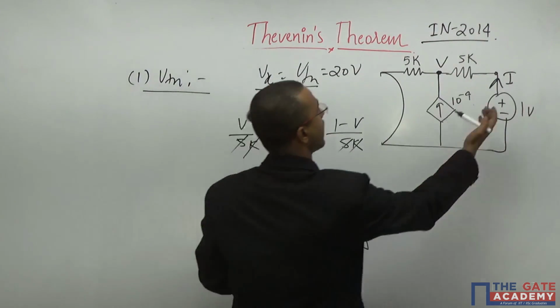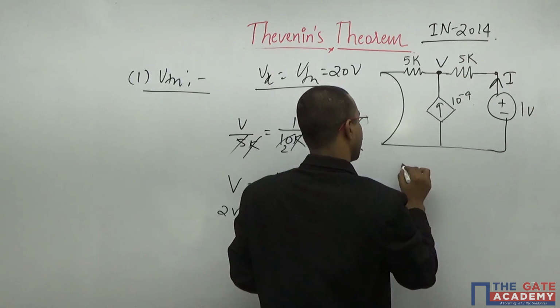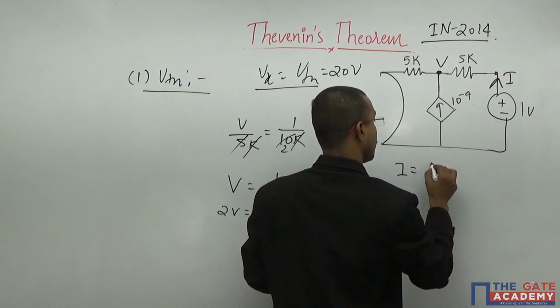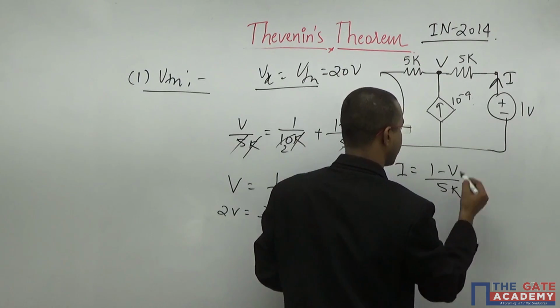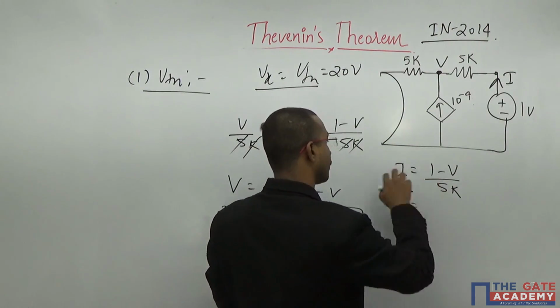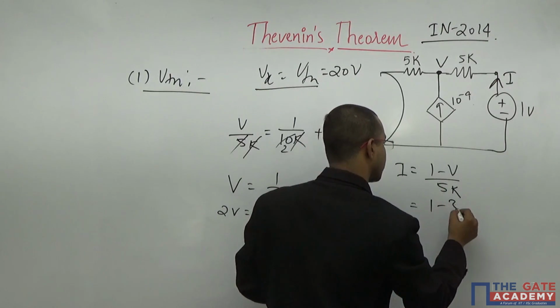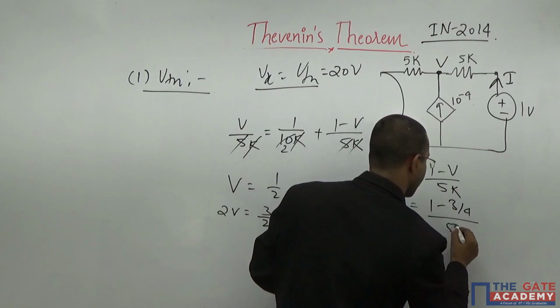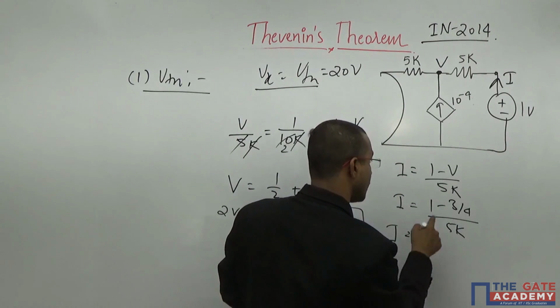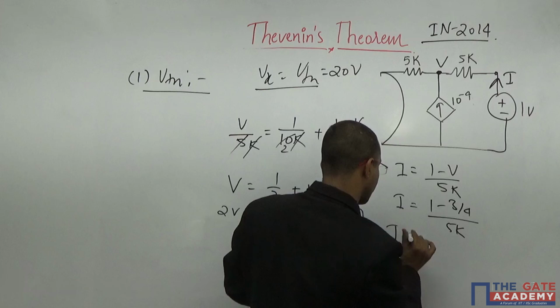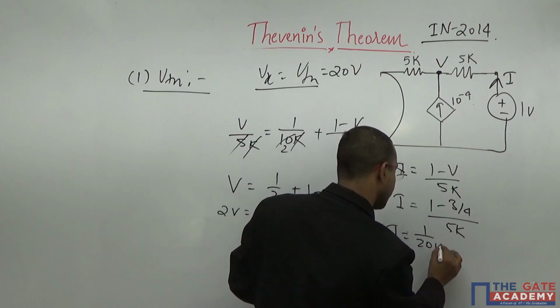But what is my I? I will be 1 minus V divided by 5K. That means you will put here 1 minus 3 by 4 divided by 5K. That means I will be 1 by 4, that means 1 upon 20K.